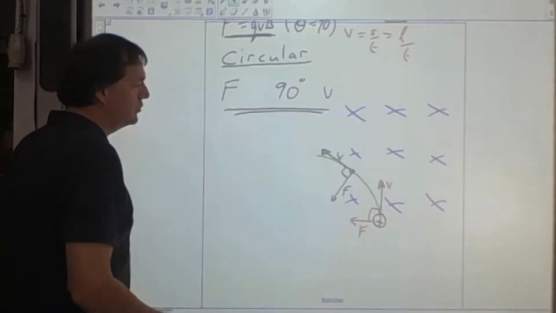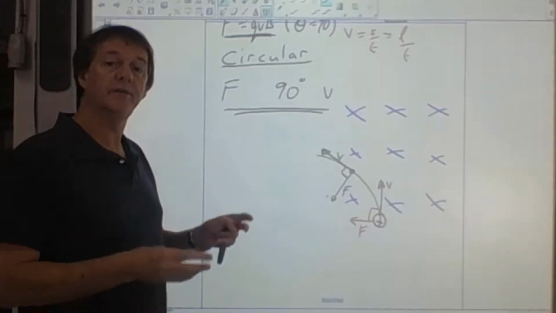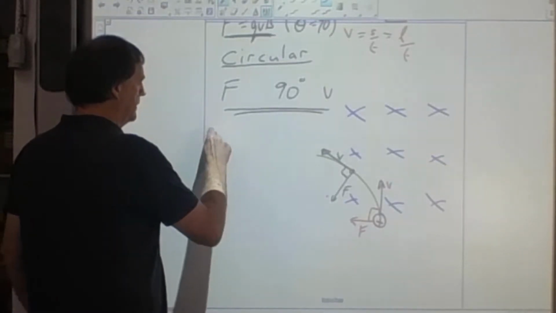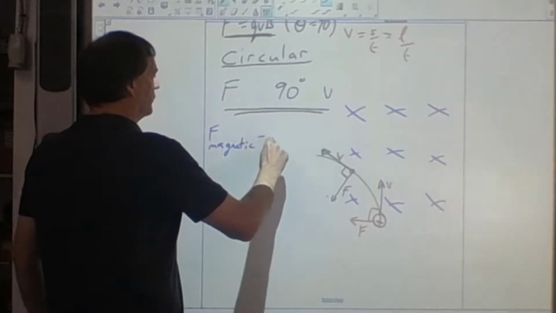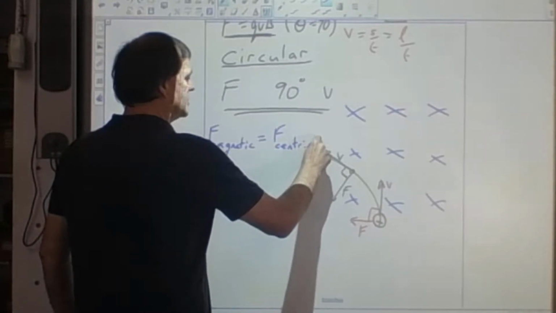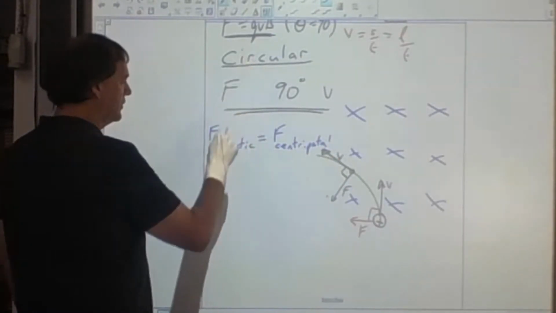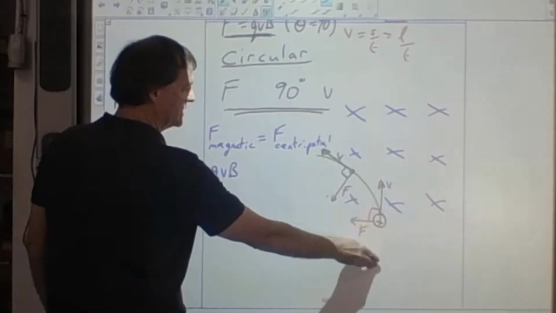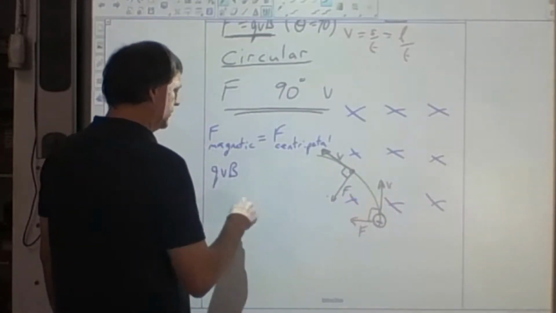Okay? You could derive a formula for this. Because if the magnetic force is providing the force of centripetal acceleration, you can combine the formulas. So let's look at that. The magnetic force here is going to be providing the force of centripetal acceleration, and you can come up with a relationship about the radius of this circle. Because magnetic force we've just shown is QVB, and you can ignore the sine theta because we're just doing it for 90 degree situations where the velocity is in the plane of the page and the field is into it.